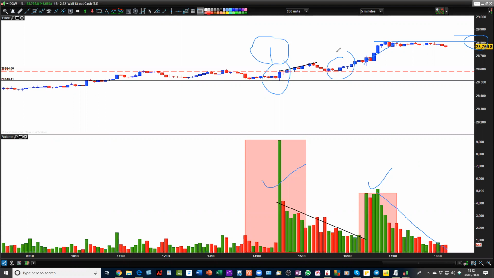Number two, the gap. Number three, the volume for here and here. Number four, you've got the wave pattern, a 1, 2, 3 wave pattern. This ticks a lot of boxes. Today's trade ticked a lot of boxes.